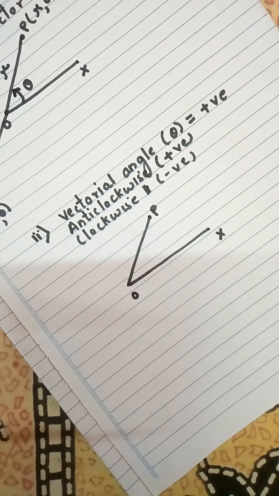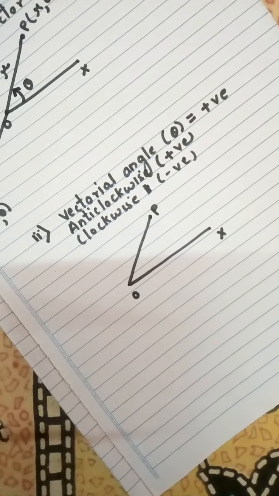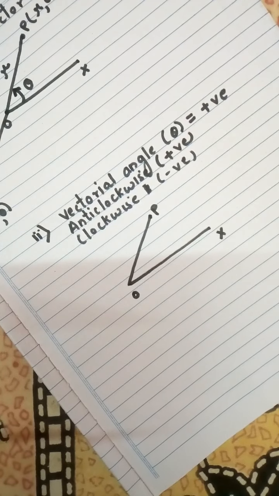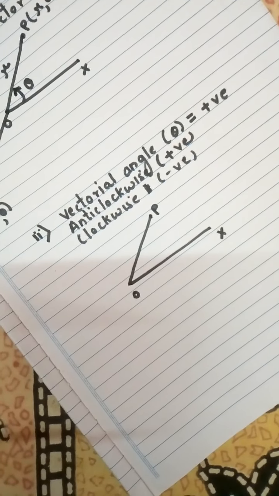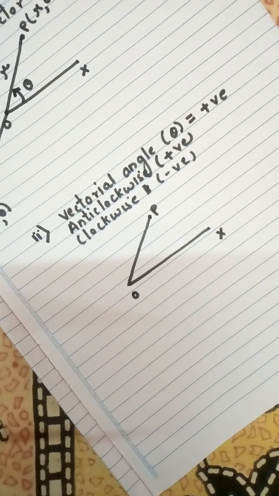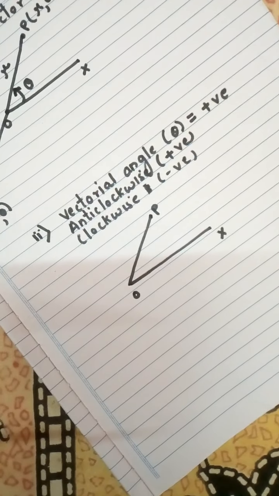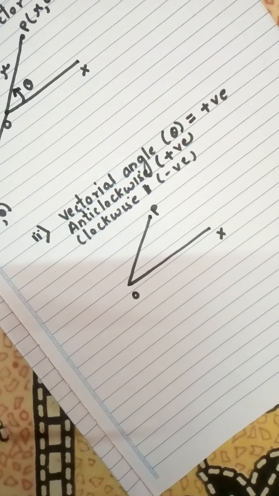It can also be represented in other ways. So these points we have to keep in mind: when the radius vector is positive or negative, when the vectorial angle is positive or negative, and that the representation of a point P in polar coordinates is not unique.